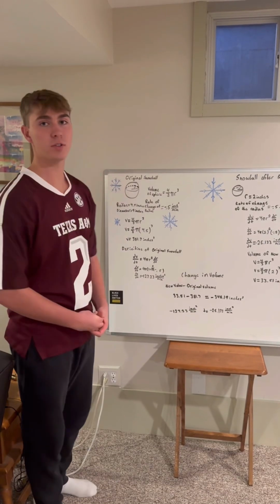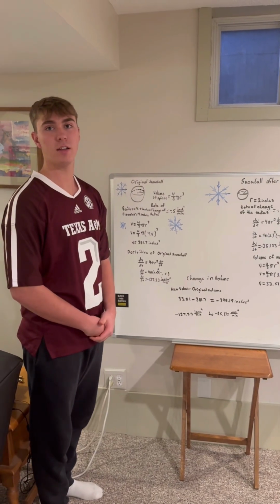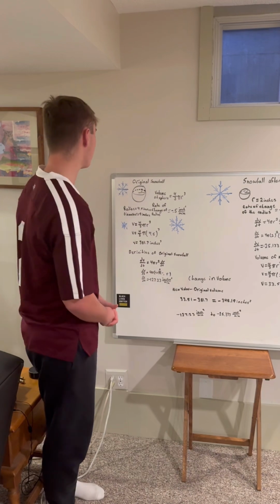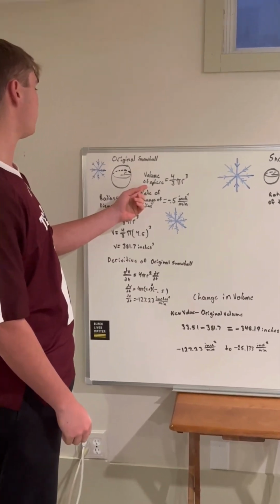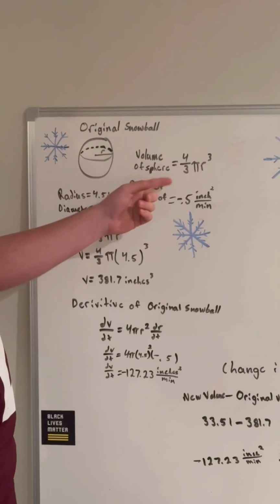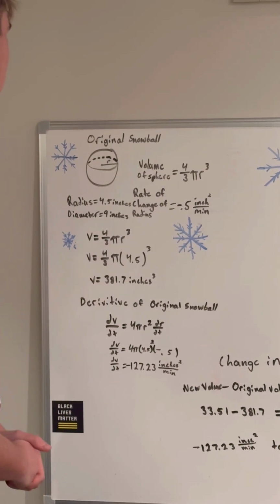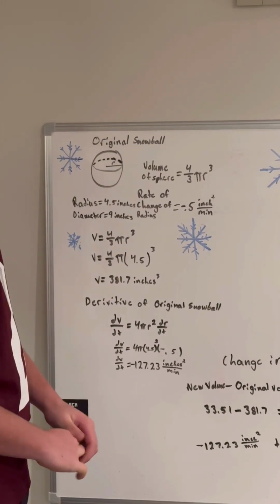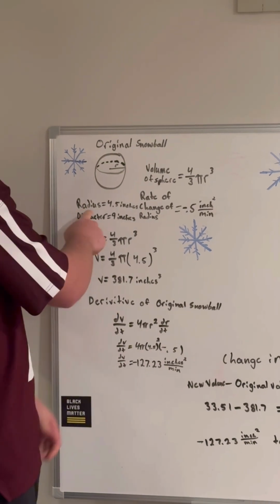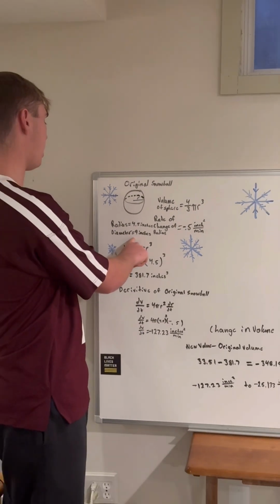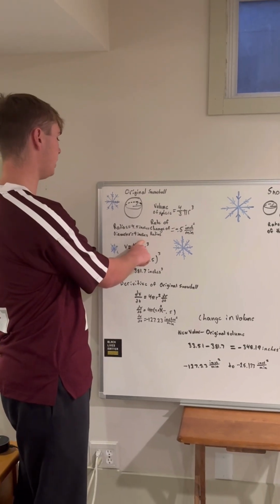When the boy brought the snowball inside, he wanted to find the volume of the snowball. So he used the volume of the sphere formula, 4/3 pi r cubed, to solve for the volume of the snowball. He measured with a ruler. The diameter was 9 inches.